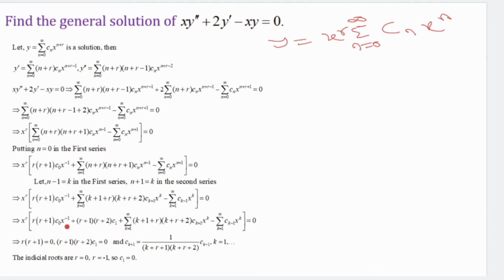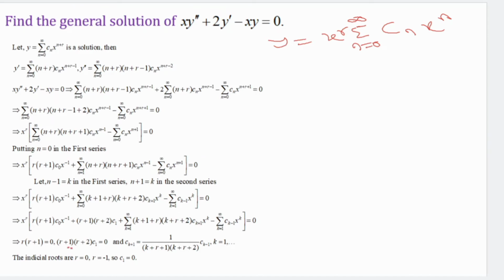Here the lowest power of x is minus 1. That's why we call this the initial equation, and it is r into r plus 1. So our initial roots are r equal to 0 and r equal to minus 1.